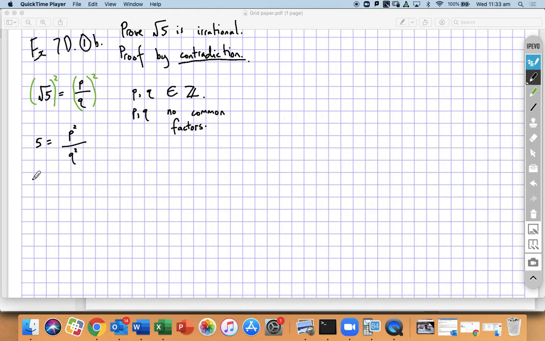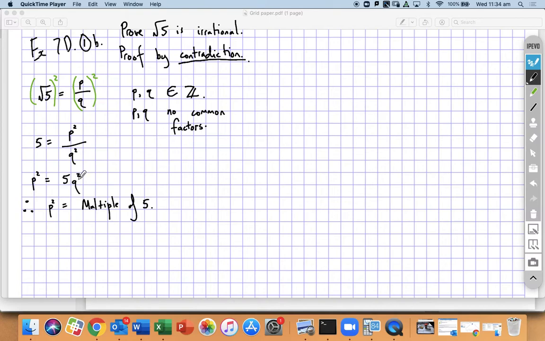With a bit of rearranging, I can see P squared would have to equal 5 times Q squared. Therefore, P squared is some number times 5. It's a multiple of 5. So P squared is 5 times something, a multiple of 5.